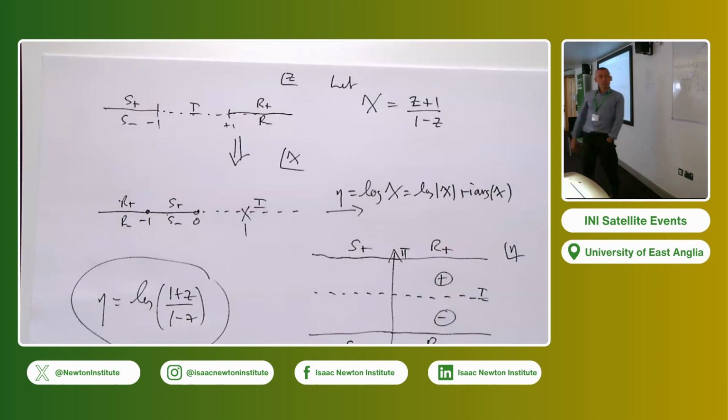What do you think about as soon as you see a problem in a strip? Yeah, strips. How do we do analysis in strips? Who's the magic name? Fourier transforms.